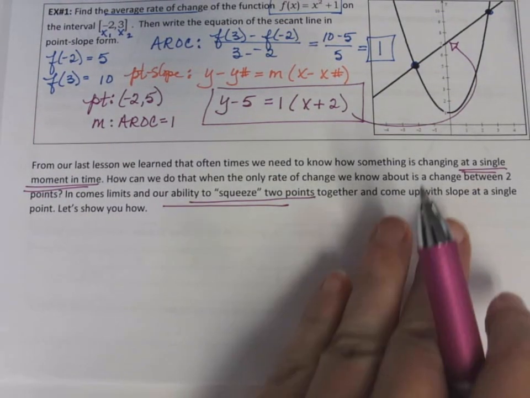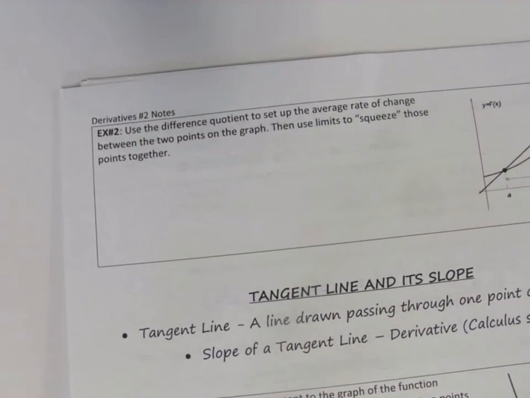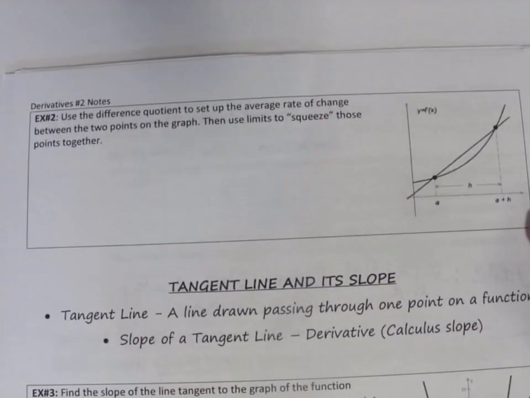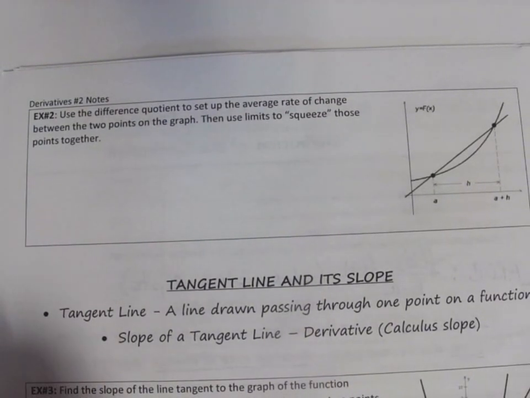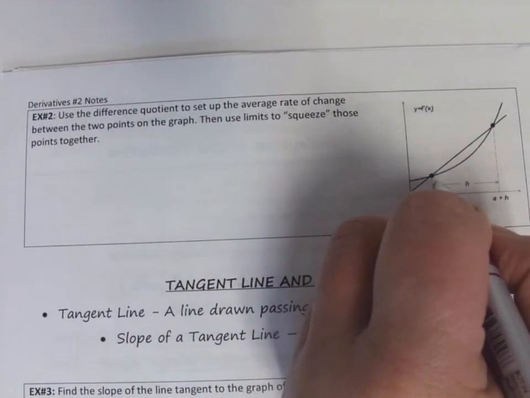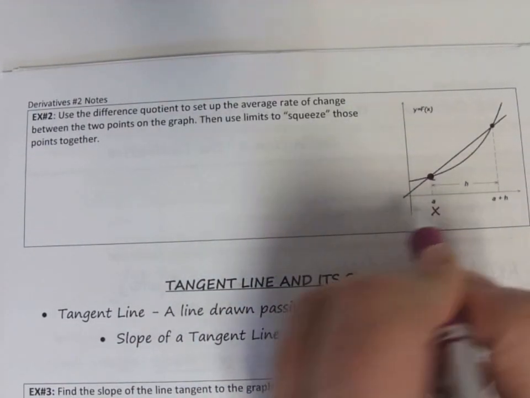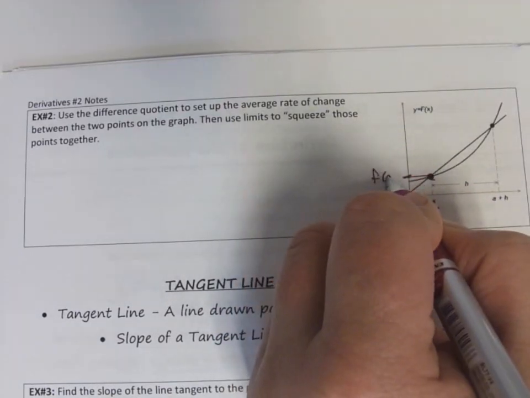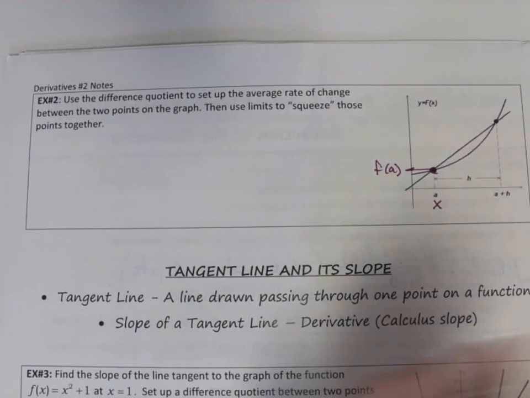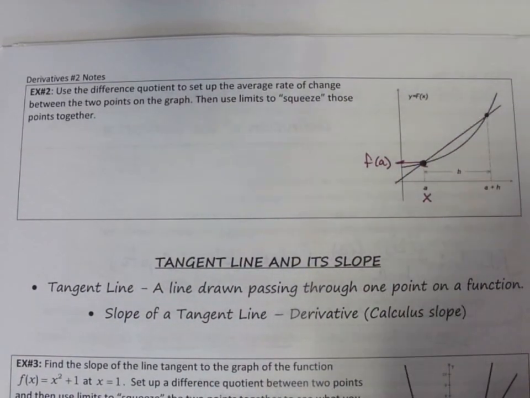So let's kind of look at what we've got and where the definition of the derivative comes in. All right, so here's our picture. We want to use the difference quotient to set up the average rate of change between the 2 points on the graph. So here's my first point. If this x value is a, then this y value is f(a), right? We would plug in the a value into our function to get our y value.